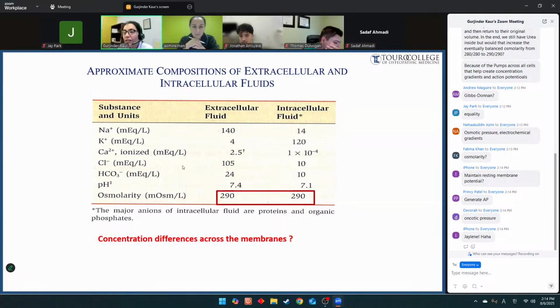So, if we didn't have these concentration gradients maintained, and you will see tomorrow how big a difference that will make, you wouldn't have any action potentials. Your muscles can't contract if you don't have action potentials on neuronal cells, right? And so forth. So we'll learn a little bit more, but all your transport is based on these concentration differences across the membranes. Your resting membrane potential on the membrane is based on this.